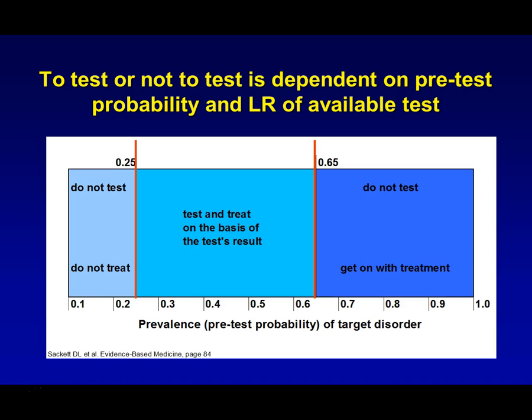In general, and this depends really on the severity of disease and the treatability, below a prevalence of 0.25, it's better not to test and maybe not to treat. Above a prevalence of 0.65, do not test but get on with treatment. Between 0.25 and 0.65 of prevalence, the test and treat decision should be on the basis of the test result.